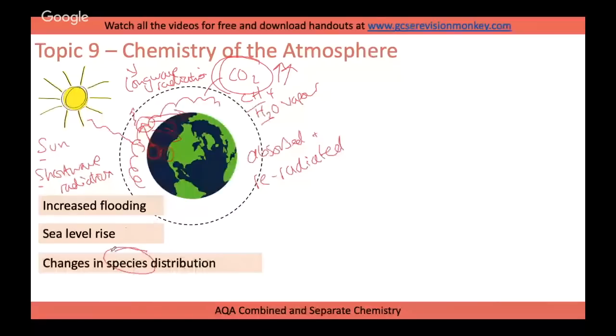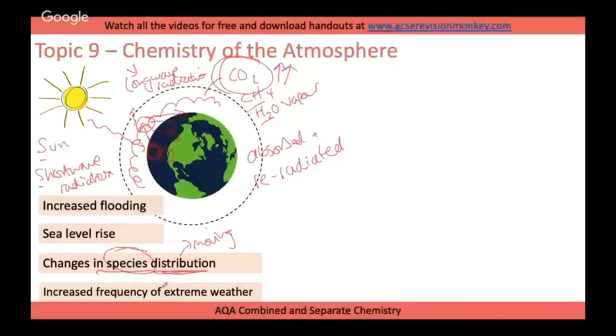So some animals are becoming extinct in different areas of the world because they can't adapt to the changing conditions, or they might move places. This means they're perhaps migrating away and moving to different areas. Increased frequency of extreme weather, so hurricanes and tornadoes and things like that. So there's a few of the consequences.